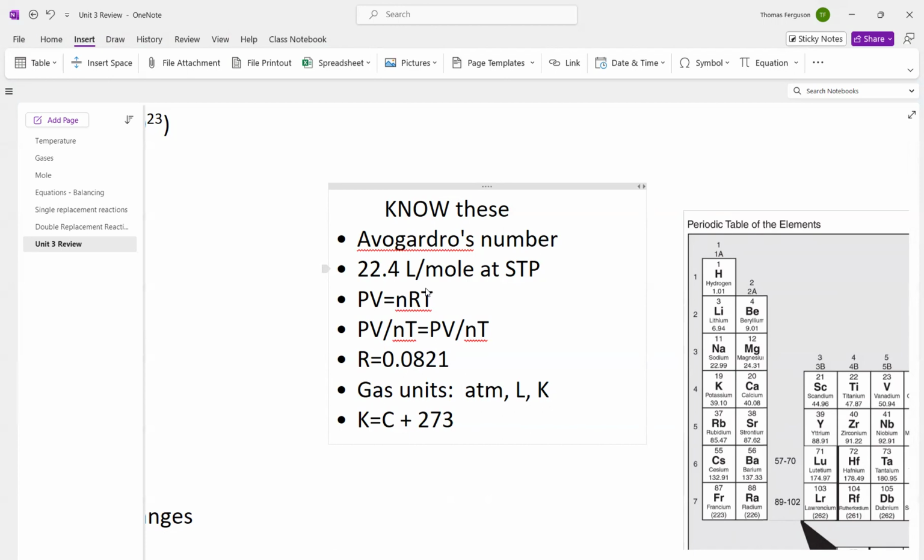The gas units for that R value are atmospheres, liters, Kelvin. And the relationship between Celsius and Kelvin is 273. Kelvin is always more, always more by 273. And that's absolute zero.